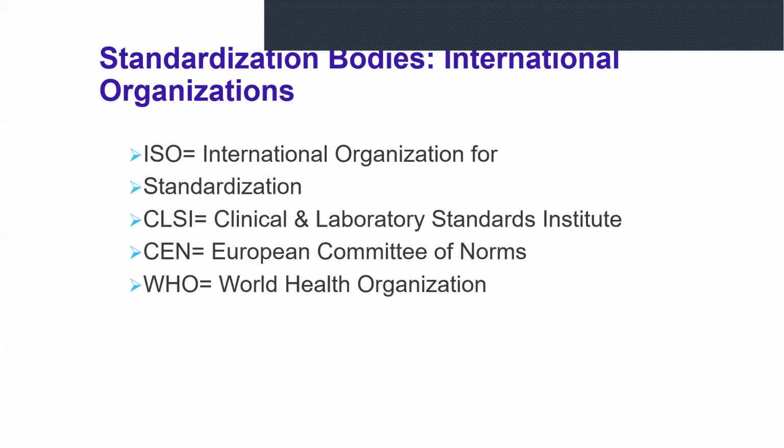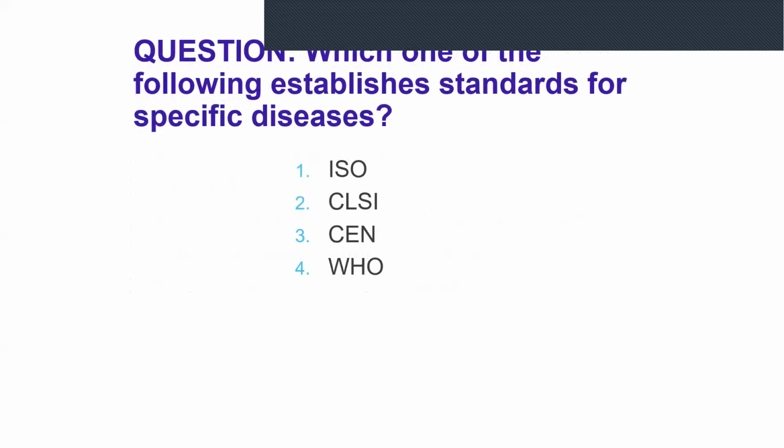Well, we have the International Organization for Standardization, which is ISO. We have the CLSI, the Clinical and Laboratory Standards Institute. We have the European Committee on Norms. And then we have the World Health Organization. Okay, so let's do the next polling question. Which one of the following establishes standards for specific diseases?